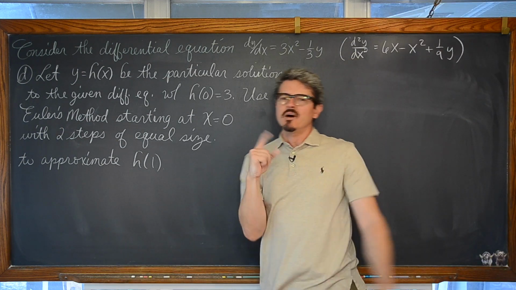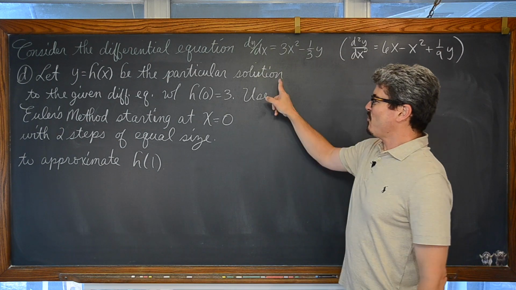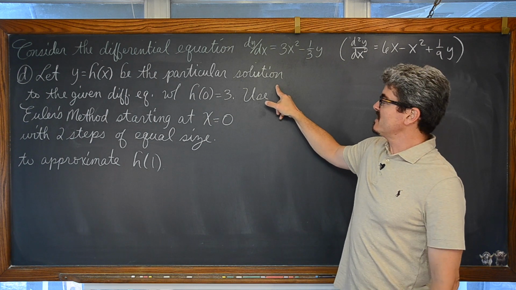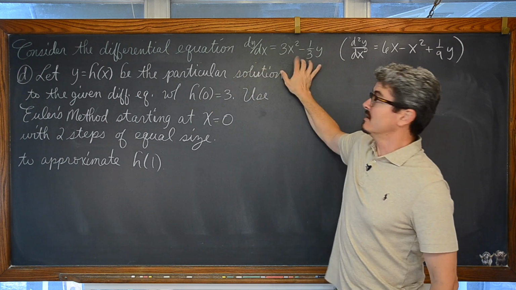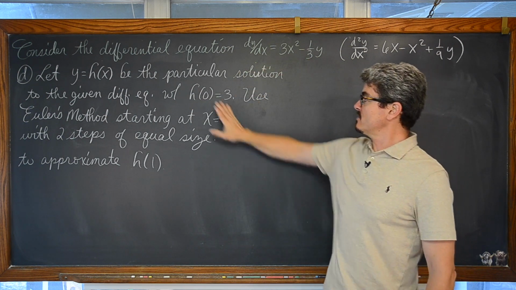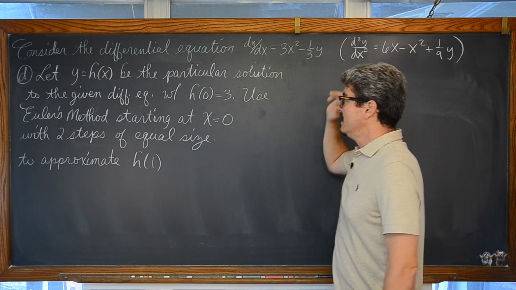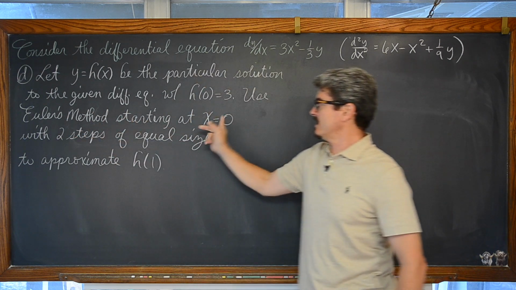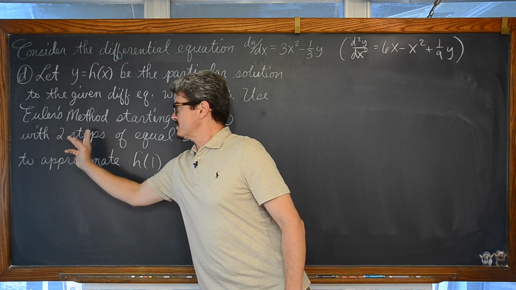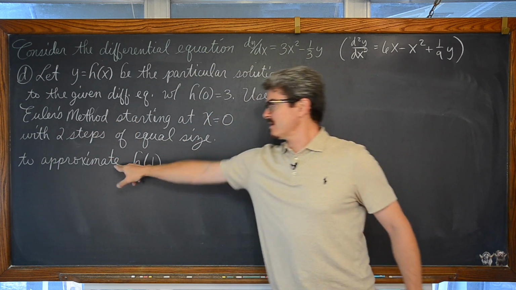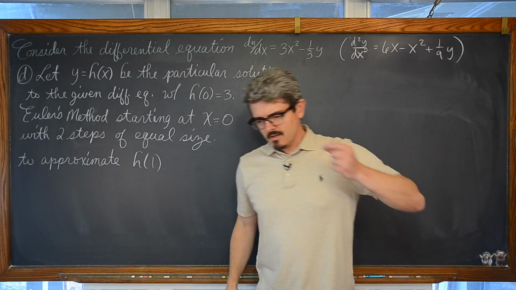It's the last part. We're going to let y equals h of x be the particular solution to the given differential equation with h of 0 equal to 3. Use Euler's method starting at x equals 0 with 2 steps of equal size to approximate h of 1.